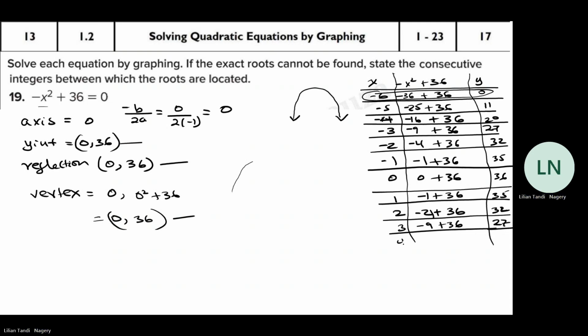Then 4 will give me negative 16 plus 36, which is 20. 5 will give me negative 25 plus 36, which will give me 11, and then 6 will give me negative 36 plus 36, which is 0. This is a perfect trinomial.